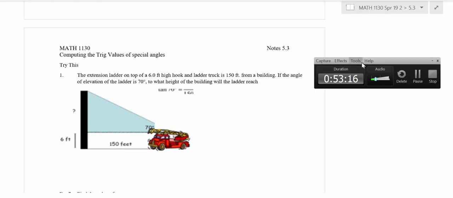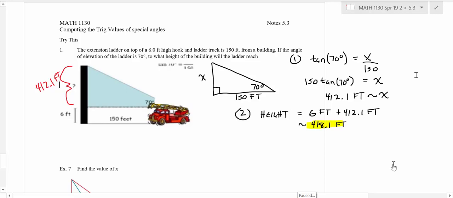You can do it now or you can watch, but I'm going to give you time to process this. I'm going to pause, and you can do the same, and when you resume, you can see if you got the right answer. If you got the right answer, just move on. If you want to see if you got what I got, we can look over this a little bit. I ended up getting a final answer of 418.1 feet.